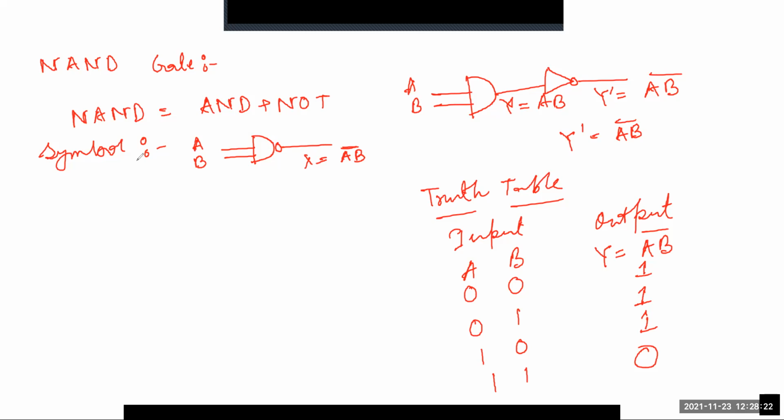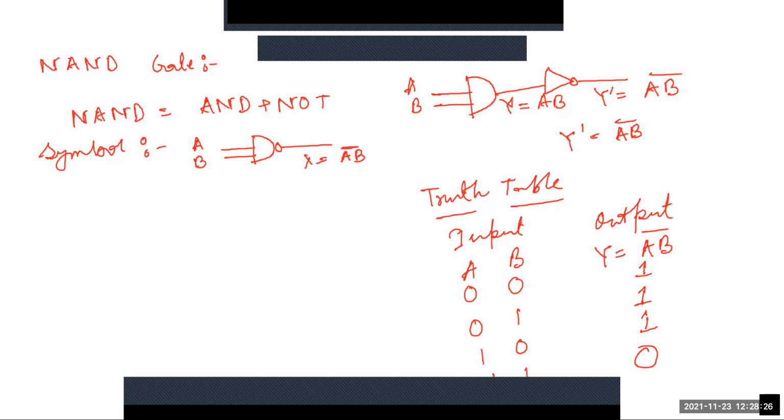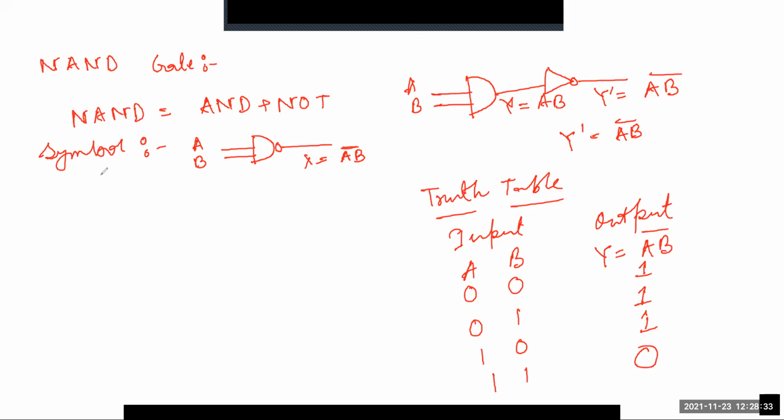So if the truth table is clear for all of you, here one thing, this NAND gate can be used as an inverter. So how is it used as an inverter? By tying all its input terminals together and applying the signal to be inverted to the common terminal.